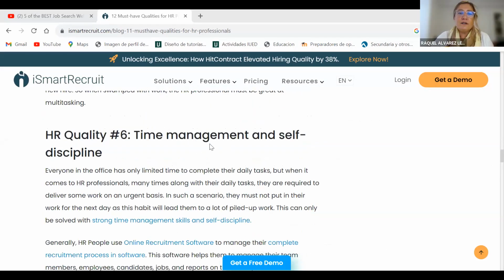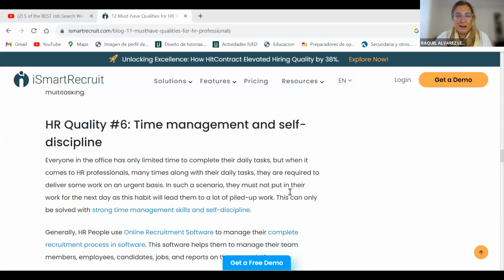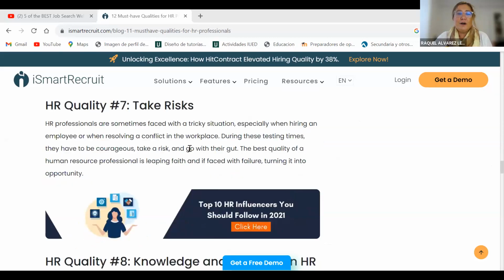Also, it's important that you are good at managing your time and to be self-disciplined, okay? Also, when you have to contract people, when you have to look for workers for your business, you have to take risks.